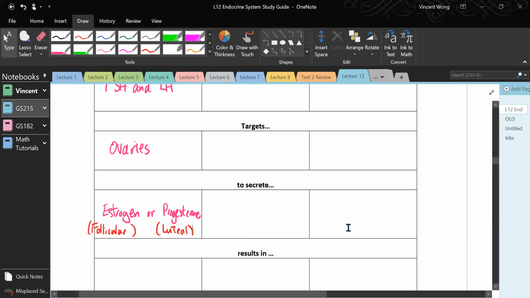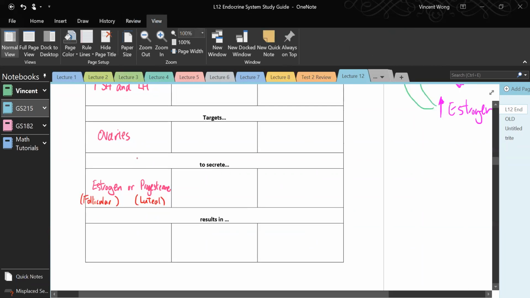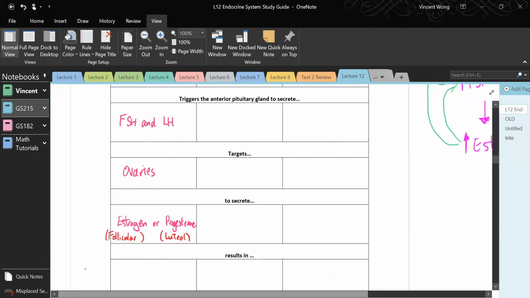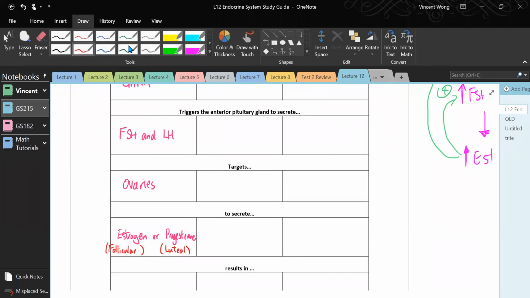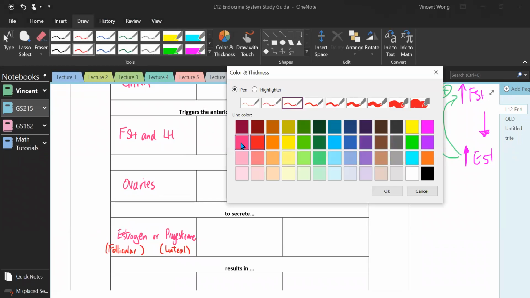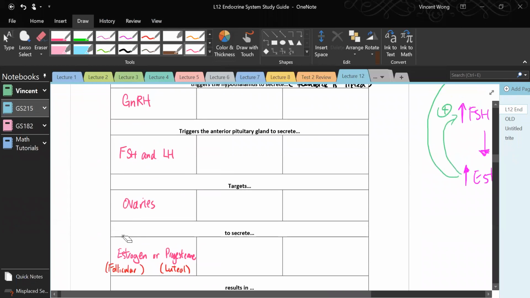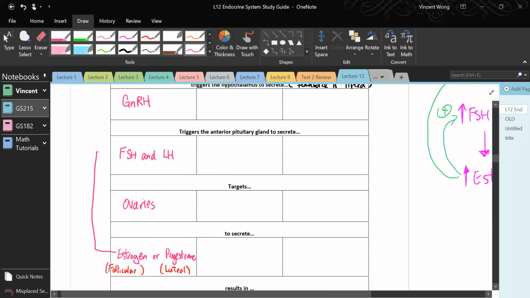Now, I also want you to know that the estrogen will go back, right? Positive feedback for these things. Whereas the progesterone will go back, but this time they will have negative feedback.